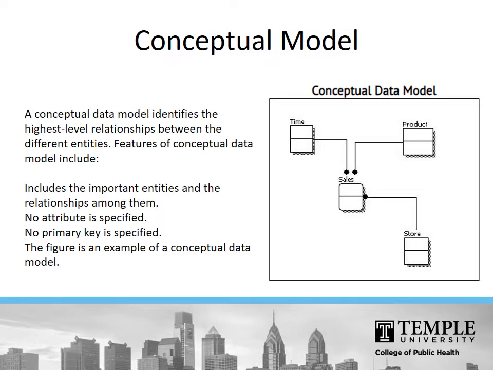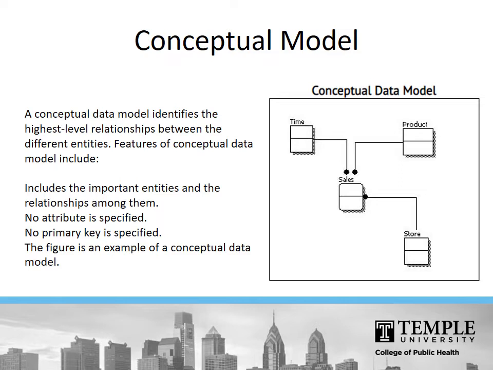So a conceptual data model identifies the highest level relationships between the different entities. Features of a conceptual data model include the important entities and the relationships among them. Attributes do not need to be specified, but sometimes they are. The primary key doesn't need to be specified, but sometimes it is.